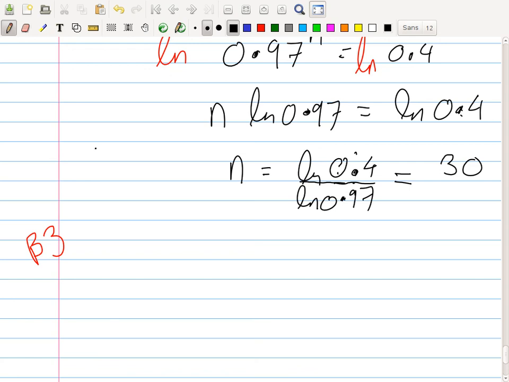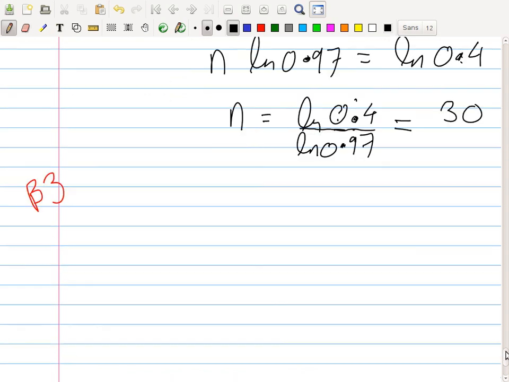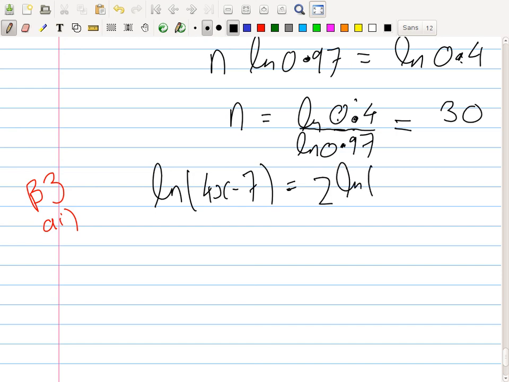So number 3 now. They give you 3 part again, A part 1. They give you log 4x minus 7 equals 2 log 2x minus 5, and they want to know when is it defined.